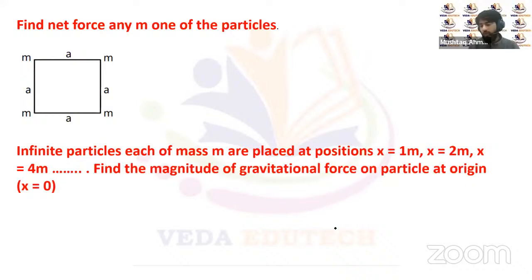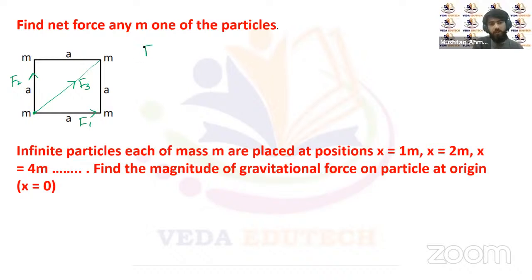Now, similarly, I can see here we have 4 particles placed at the corners of a square. Now we have to calculate the net force on one of the particles on the square. Now there will be 3 forces, F1 because of this mass, F2 because of this mass, and the third force will be from the mass along the diagonal. Let's suppose that is F3.